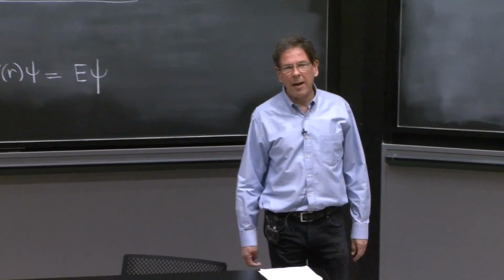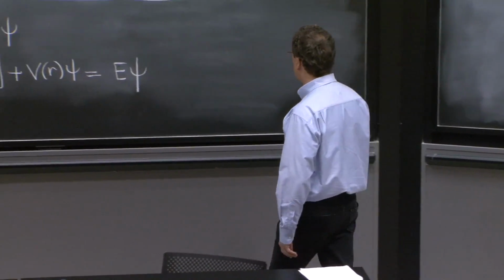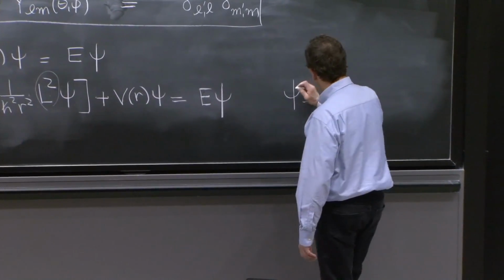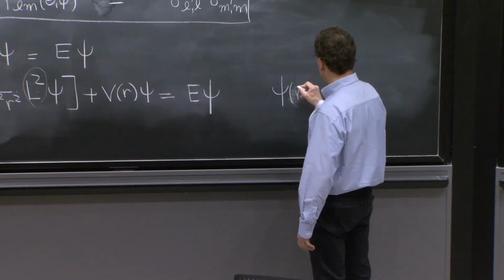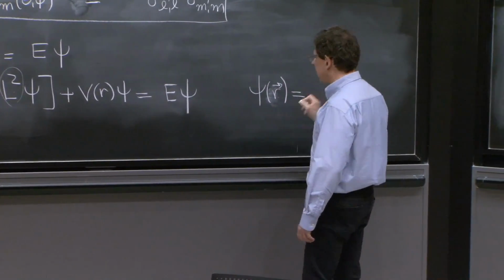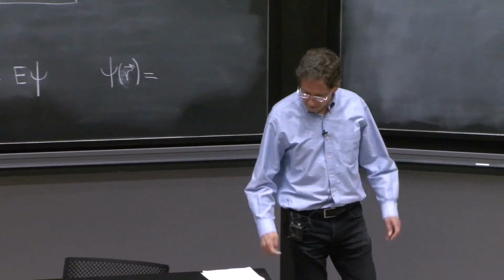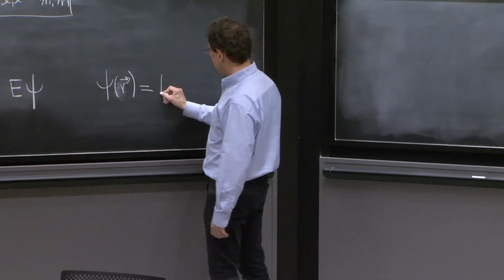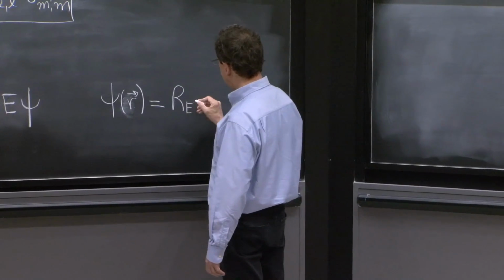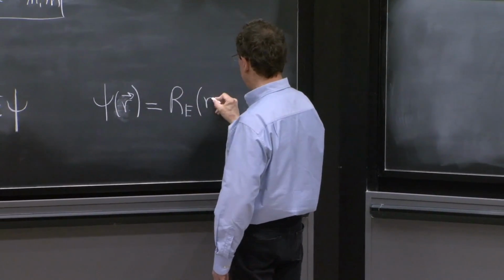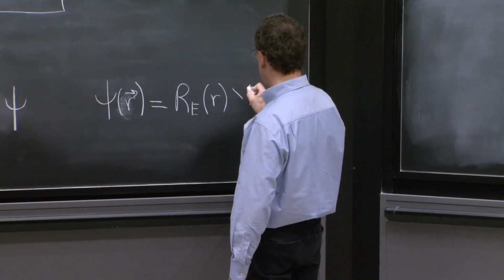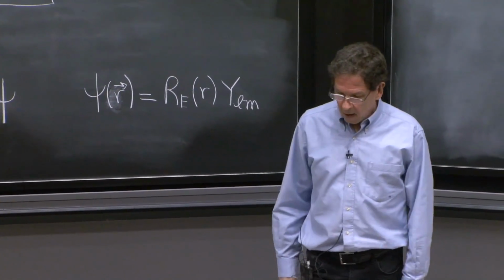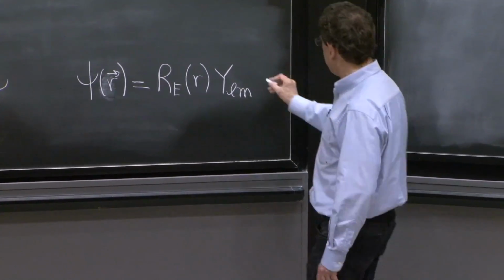So we try a factorized solution. Psi, of all the coordinates, is going to be a product of a purely radial wave function of some energy E times a Y_LM of theta and phi.